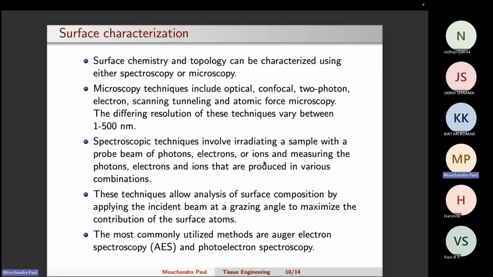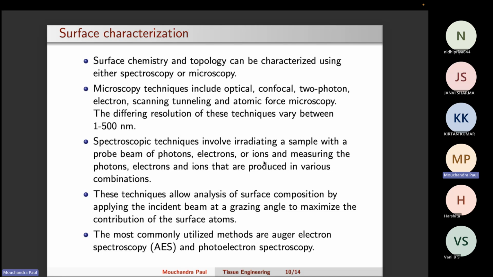Then they measure how many ions or electrons or photons are coming out from the surface. When the beam is incident on the sample at very high speed and very high energy, it forces some atoms or electrons to come out of the surface, and that is being measured. In this kind of spectroscopic techniques, this is how it works.